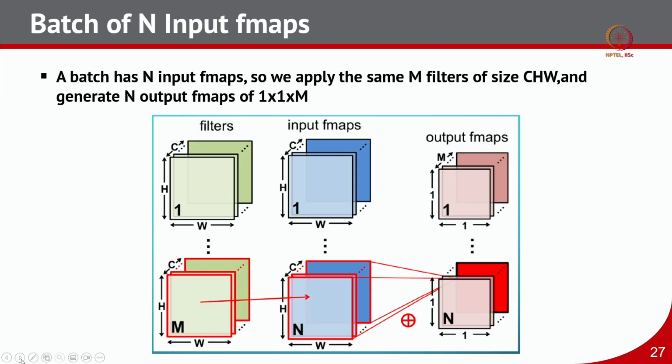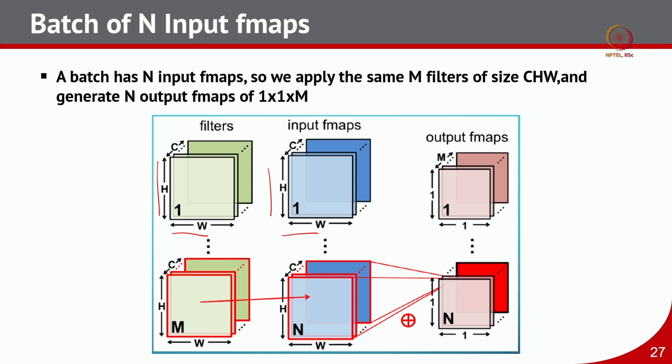So, the fully connected layers are not too different from the convolutional layers. The only difference is the filter size is exactly the same as the input feature map size. So, here you see that the input feature map size is h by w. For fully connected layer, the filter size is also h by w, right.